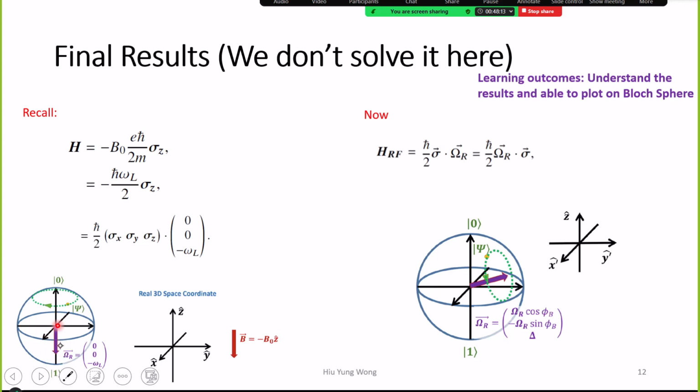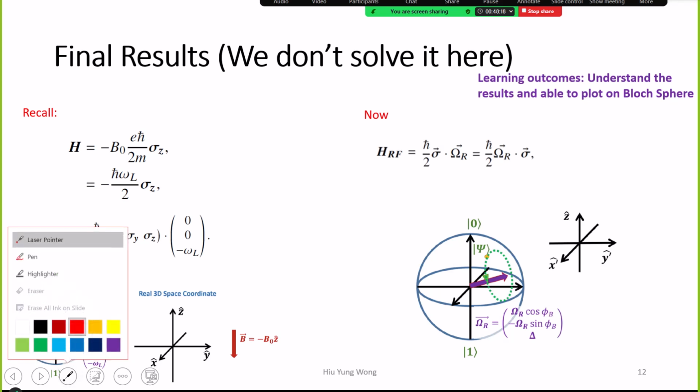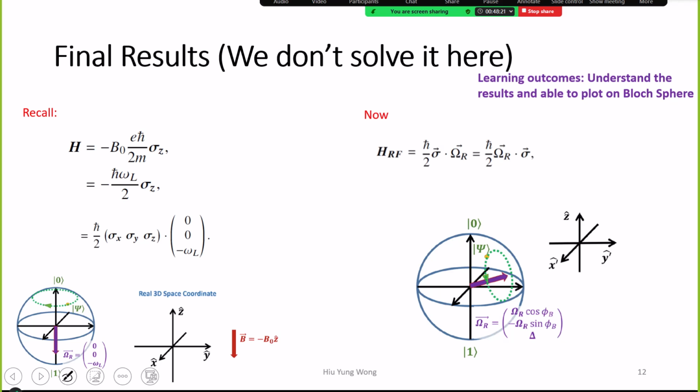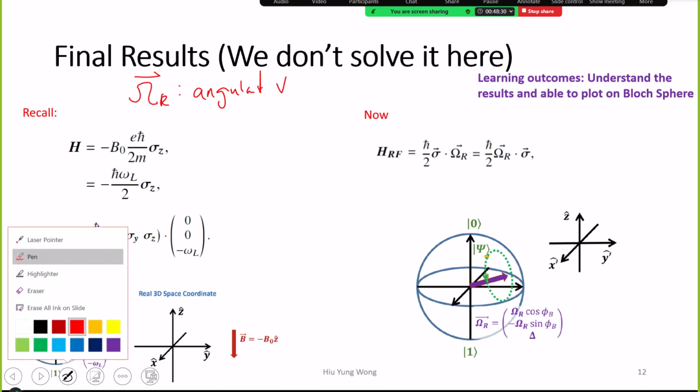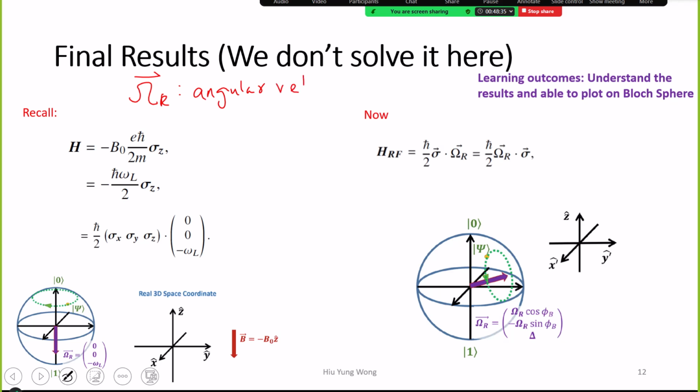angular velocity vector. So maybe I should talk about the name, right? I would just emphasize that omega R is the angular velocity vector. For those who still remember from your physics, rigid body rotation, right? This was just the angular velocity vector.